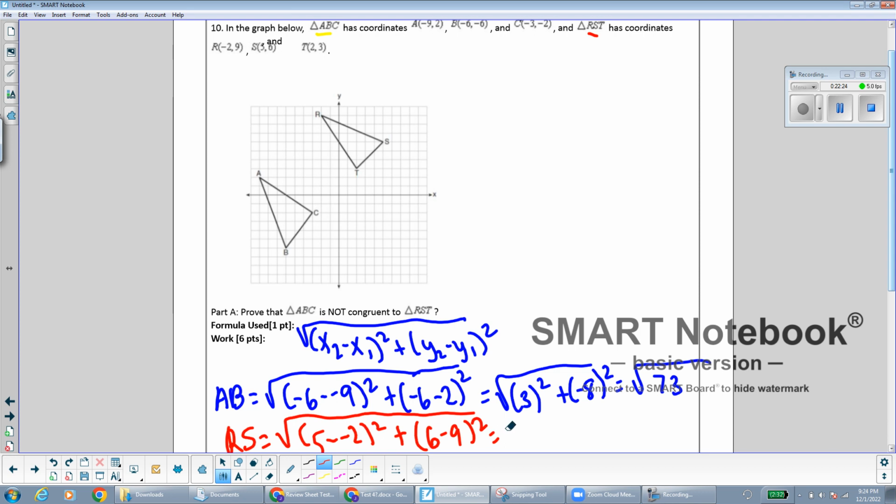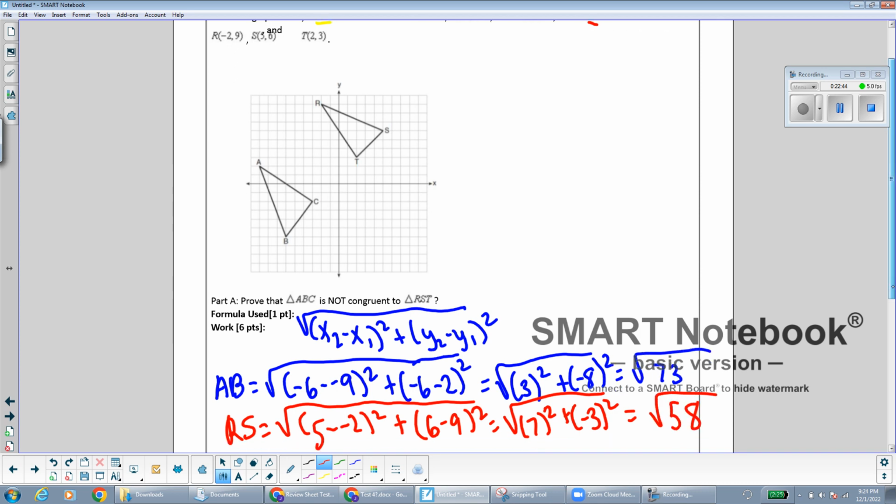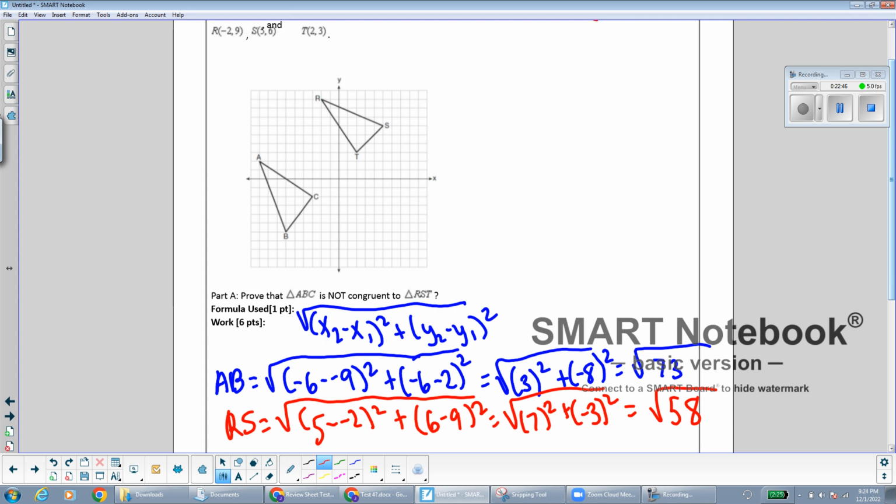So that's 7 squared plus negative 3 squared. So that's 49 plus 9. And that gives me radical 58. So these corresponding sides are clearly not the same length.